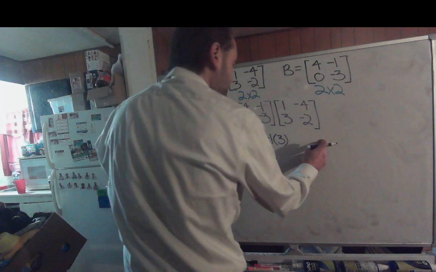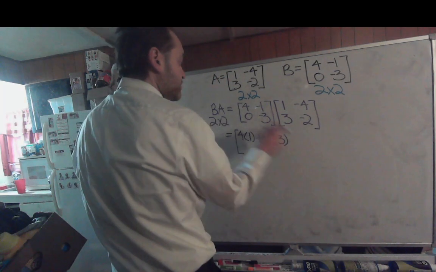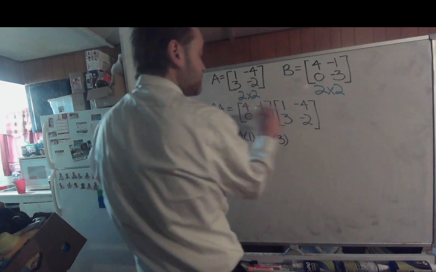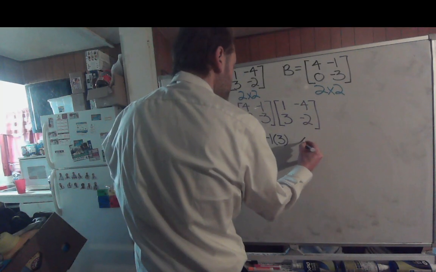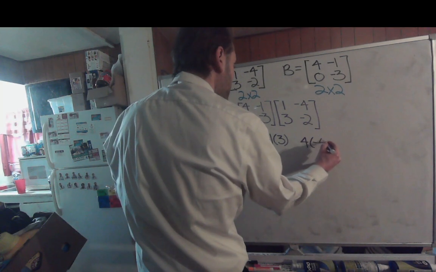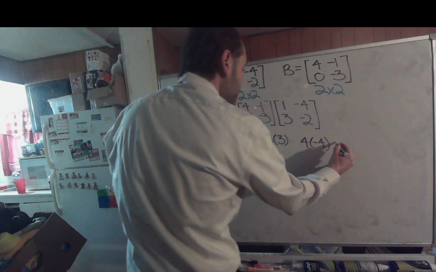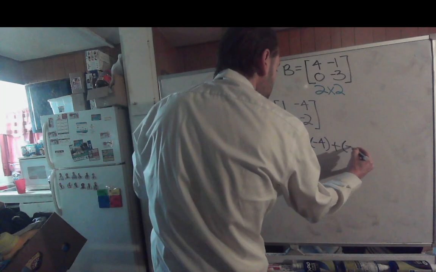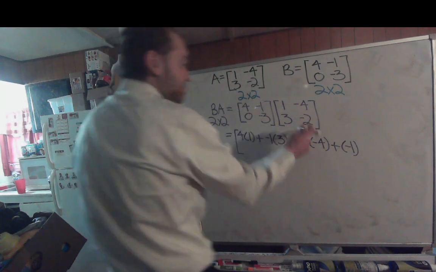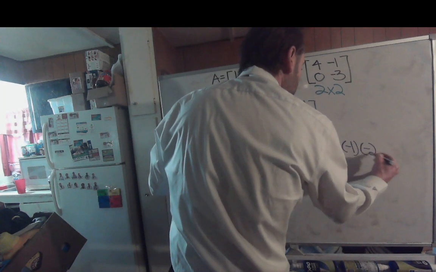Now skip over. For the second entry, you're going to take the first number in the first row times the first number in the second column. So you would take 4 times -4, plus you'll take your second number in the first row of -1 times the second number in the second column of -2.